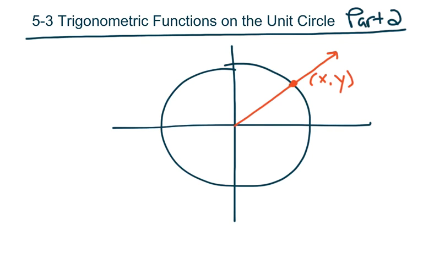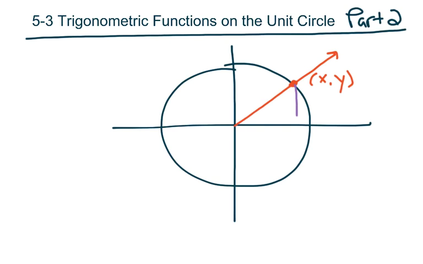Another way of looking at the 6 trigonometric ratios on this new thing called the unit circle is to know that the point on this red ray where the ray hits the unit circle is the ordered pair x comma y.